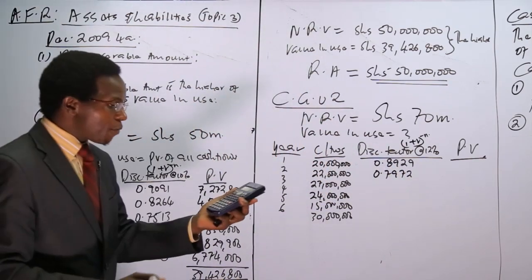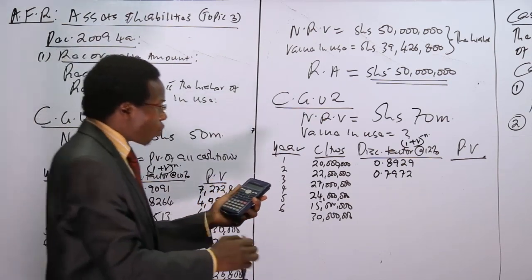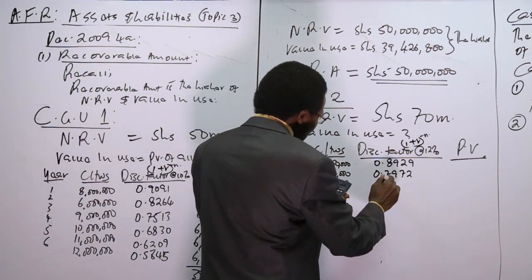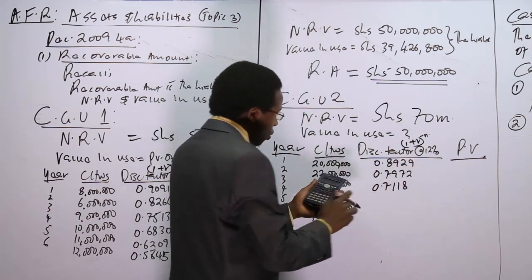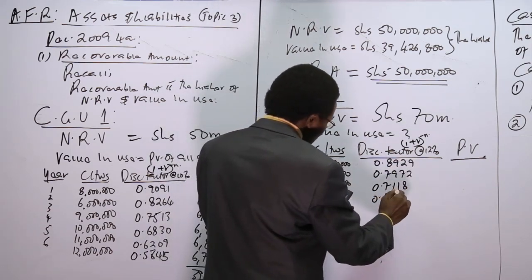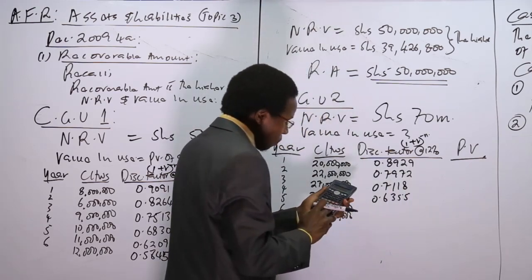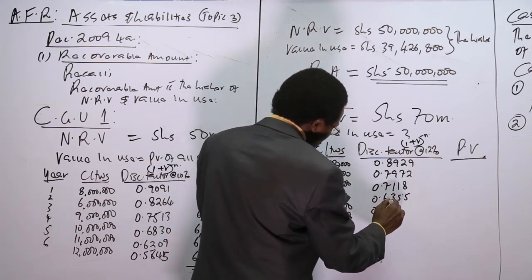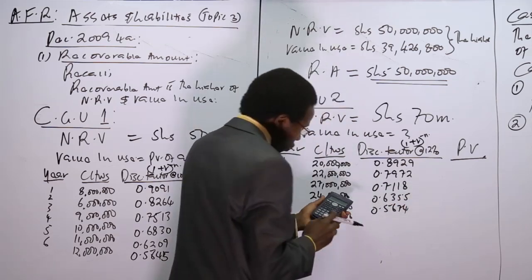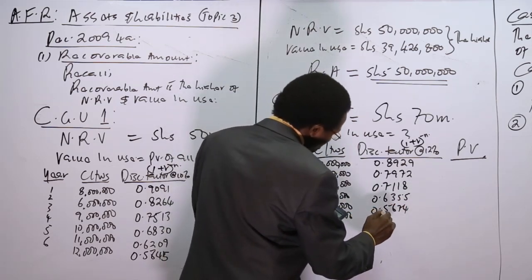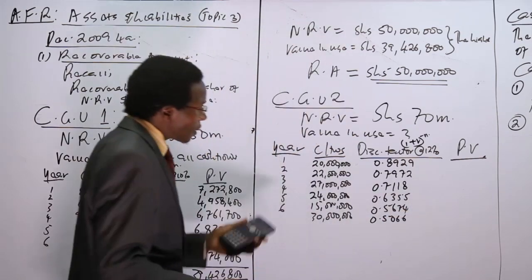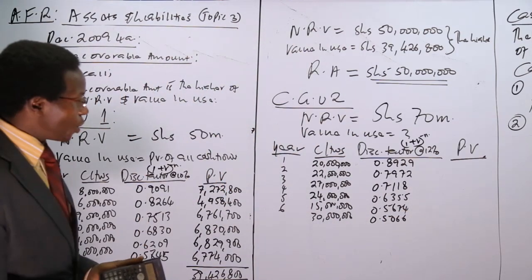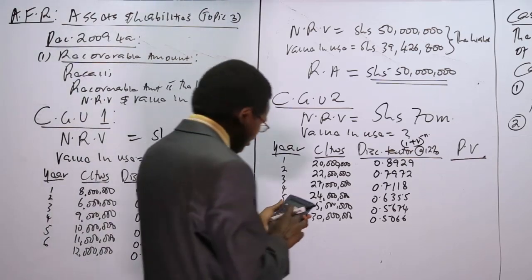After the second year, friends, you simply press equal. You get the third year, 0.7118, then 0.6355, then 0.5674, then 0.5066. That's how to use a calculator. You need to be smart in using this calculator.